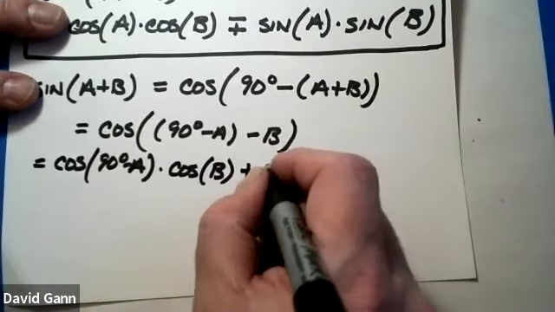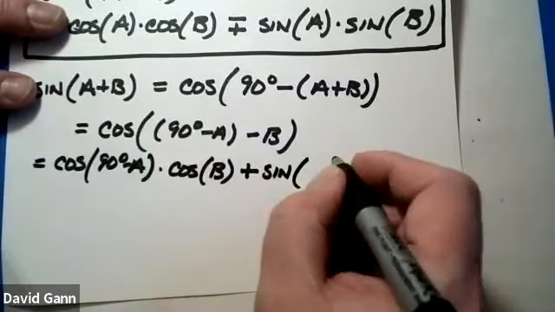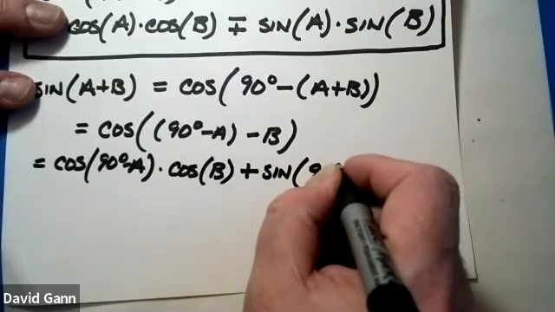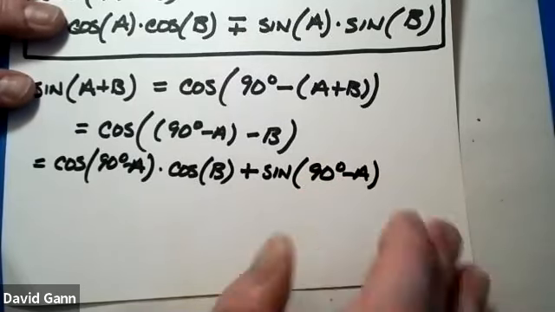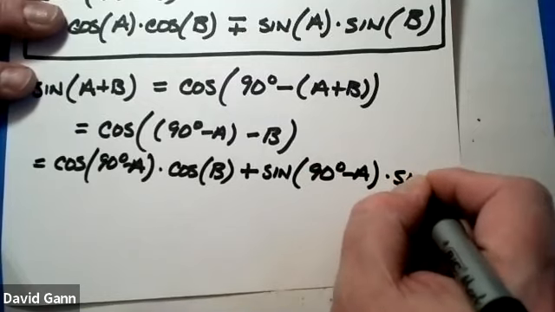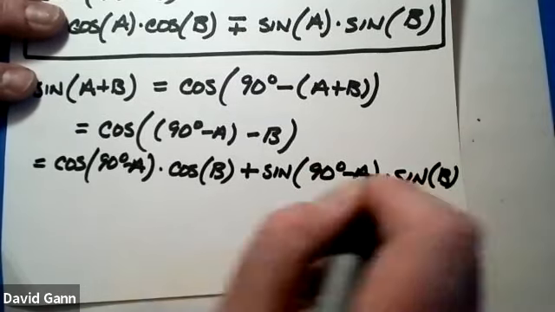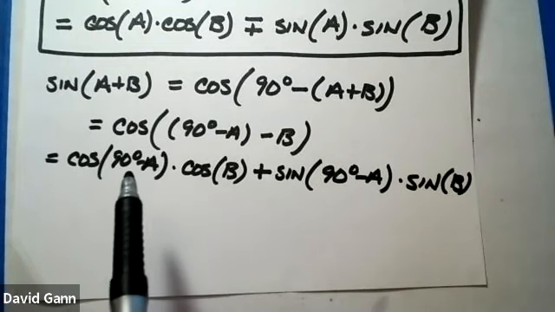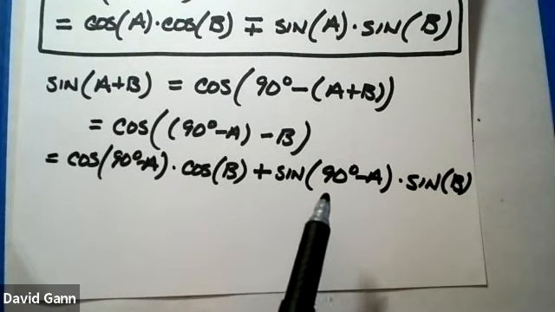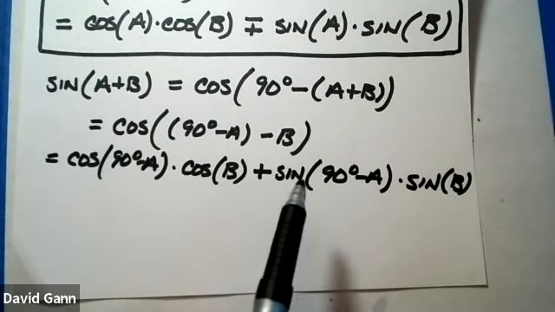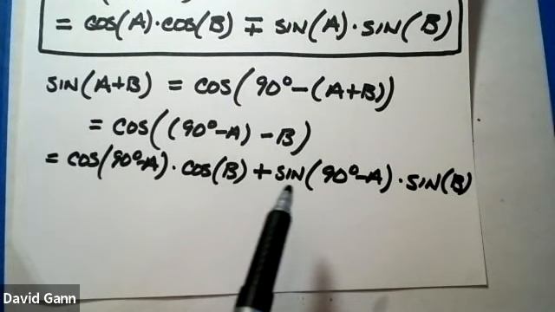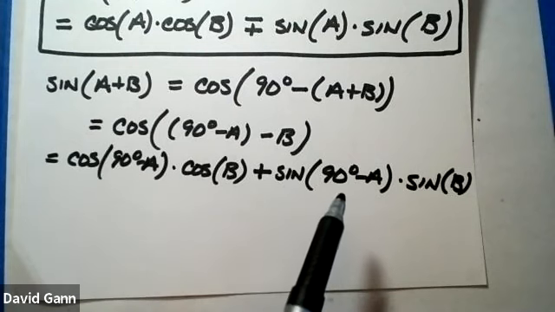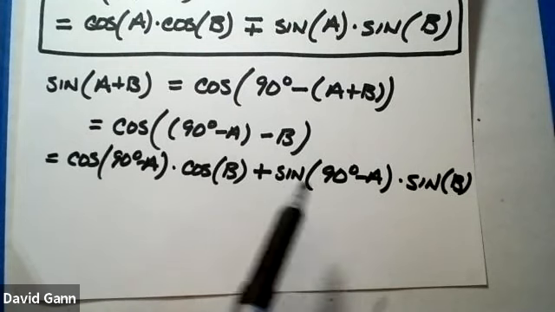So plus sine of the first angle times sine of the second angle. Okay? Now, here's a cofunction identity staring you right in the face, and there's another one. So by simply using a cofunction identity, we can transform these into their cofunction.